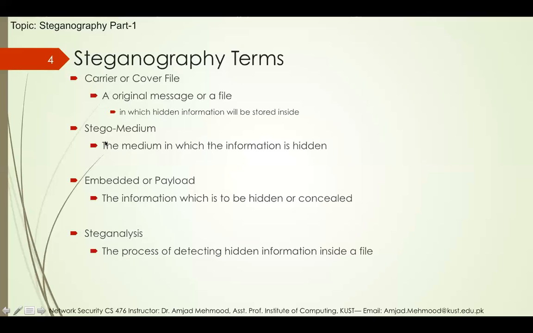The medium in which the information is hidden, we call stego medium. The information which is to be hidden or concealed, we call embedded or payload. Stego analysis is the process of detecting hidden information inside a file.